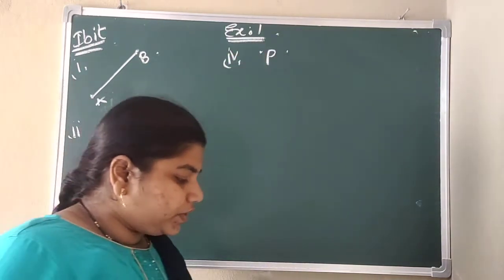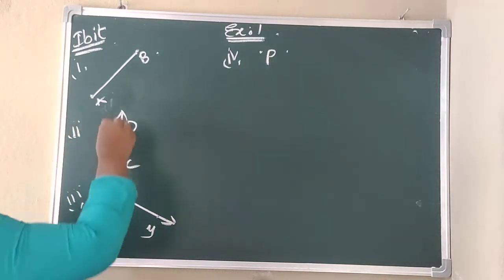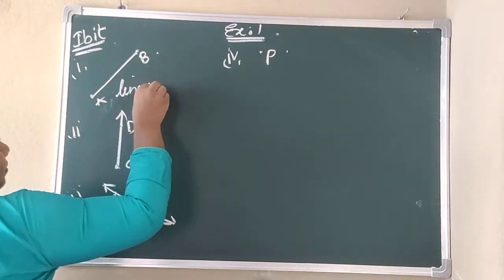The first one has two end points, so we call it a line segment.